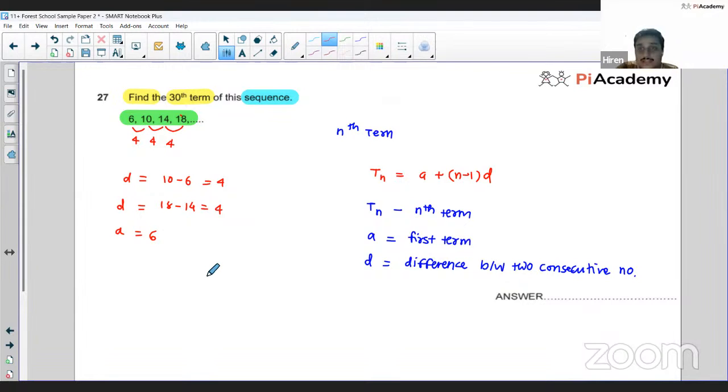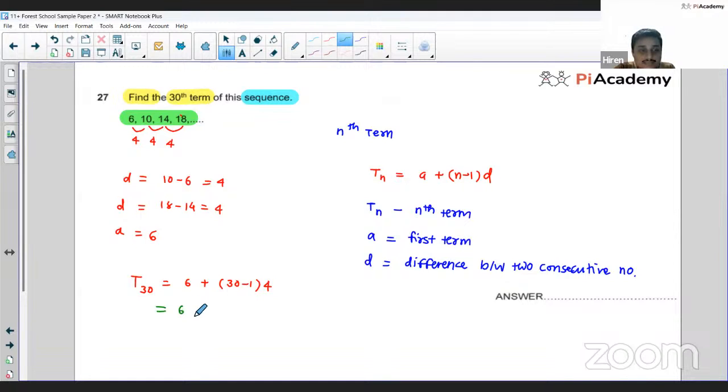Now substitute all these values, whatever is available to you. See what we are looking for: T30, right? So instead of n, I'm going to put 30, because n equals whatever term you are looking for, right? So A is 6, n minus 1, that is 30 minus 1, and times D. The difference here is 4. Okay, so this way you are going to deal.